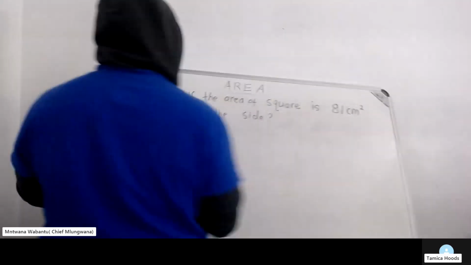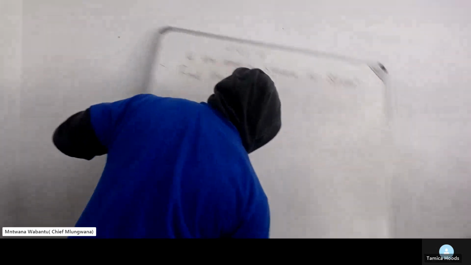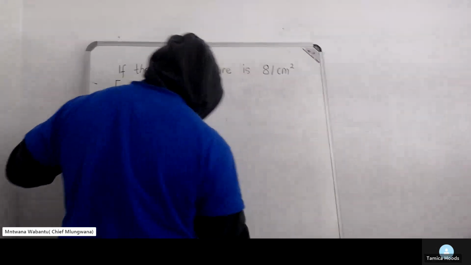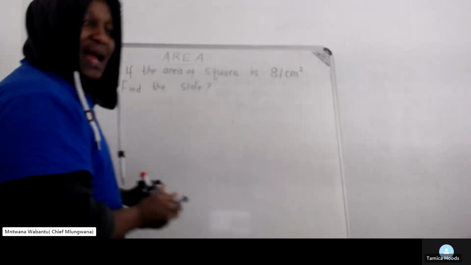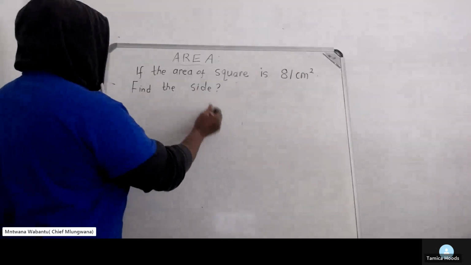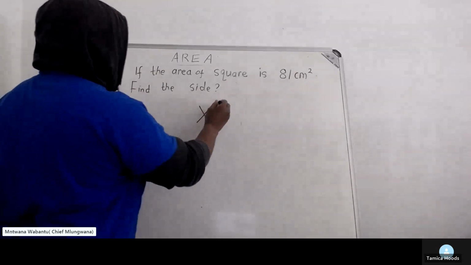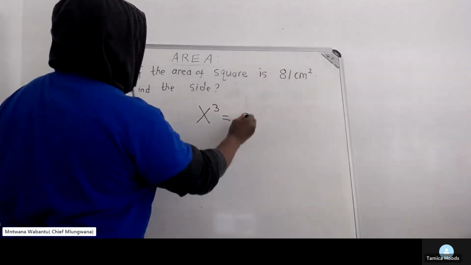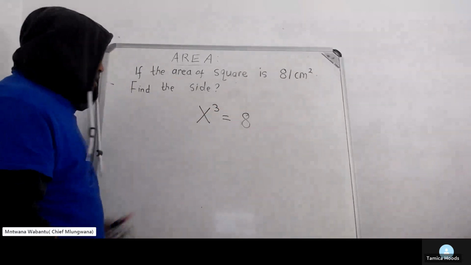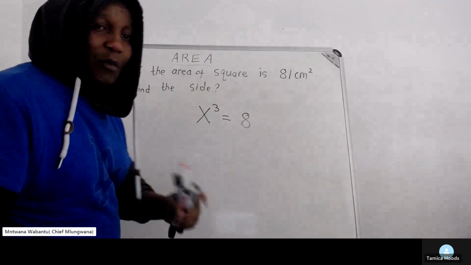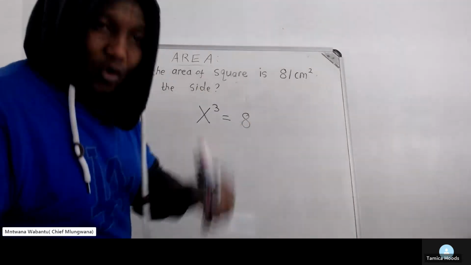So sometimes somebody is going to give something like this. Look, x cubed equals 8. So this is a cube now, it's not a square. So what we're going to do is cube root, not square root.